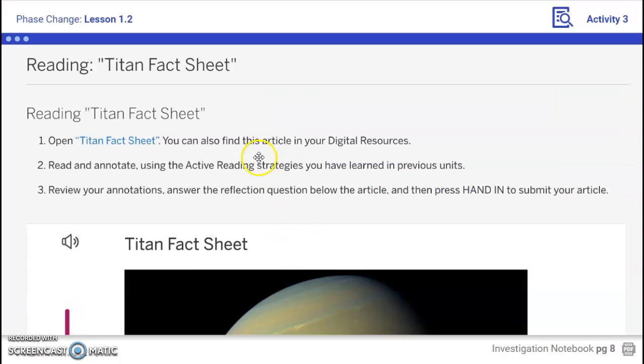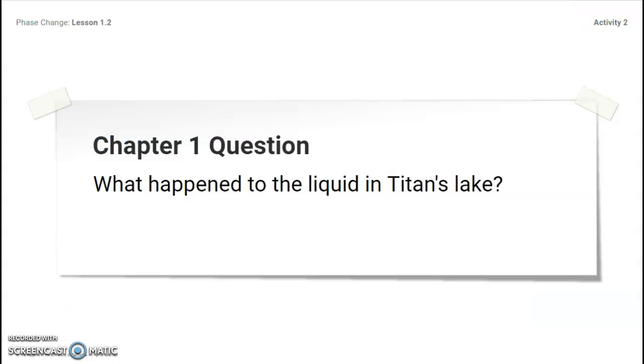So we're going to go to the Titan fact sheet and read that assignment. You can pause here to read that assignment and annotate it. Make sure you put notes and underline important things that may help us answer our question: what happened to the liquid in Titan's lake? We want to try to answer that question.